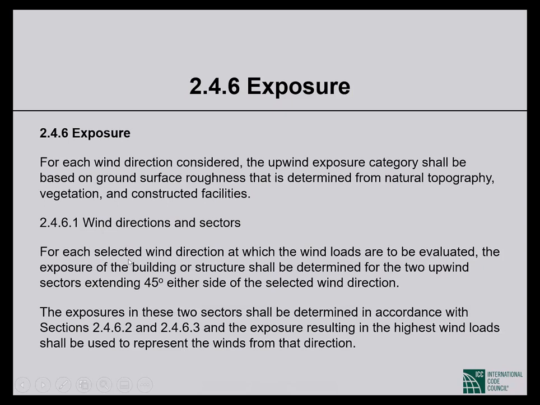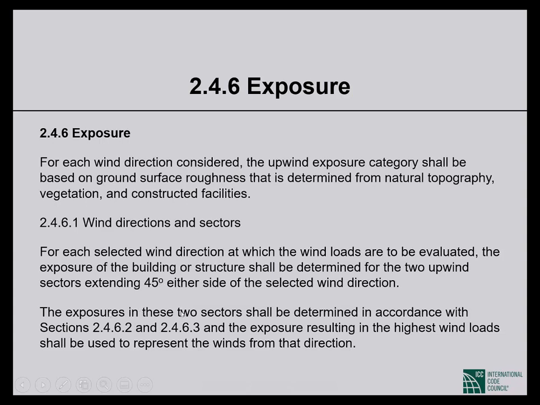So for each selected wind direction at which the wind loads are to be evaluated, the exposure of the building shall be determined for the two upwind sectors extending 45 degrees either side of the selected wind direction.